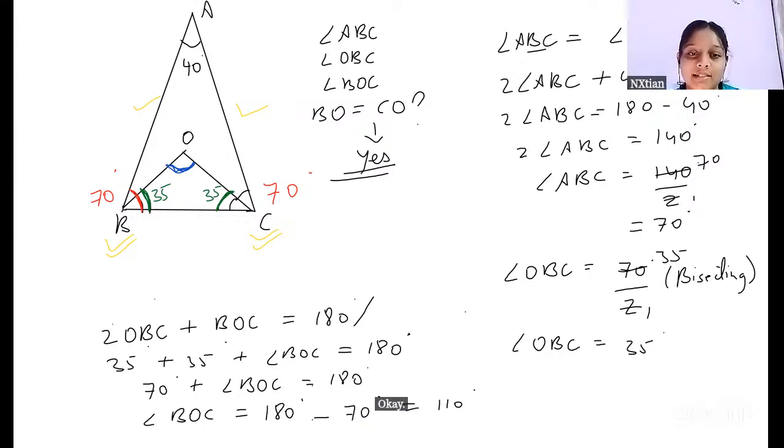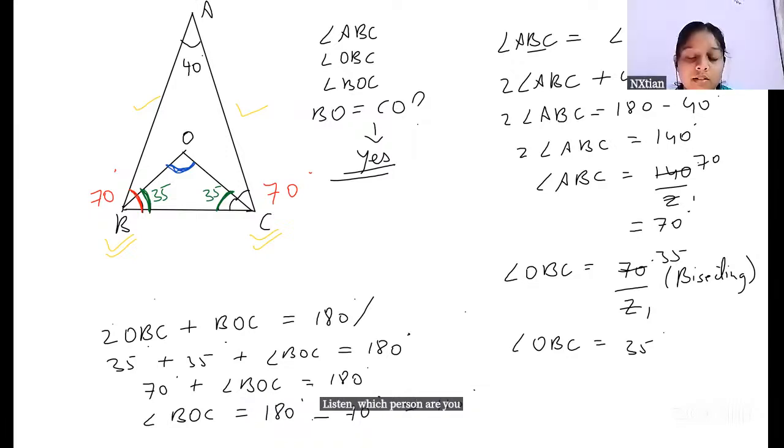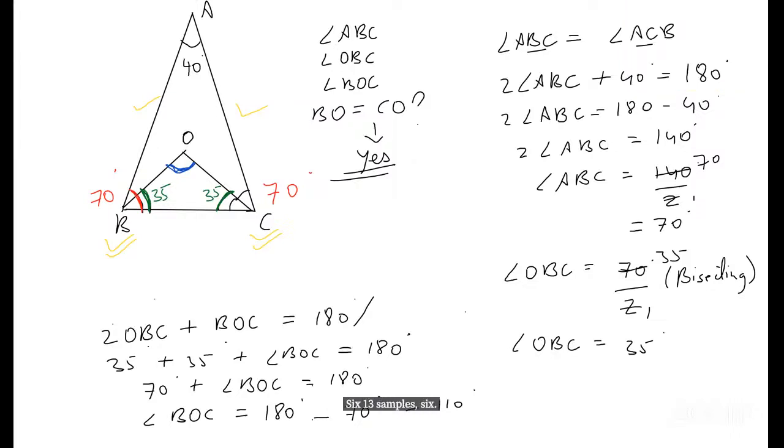Anything else? Yeah, the last one. What was the last one, ma'am? In question number six, I got the answer in decimal points. Which question, Abraham? Chapter 13, sixth question: the angles in the quadrilateral are 76 and 68, and the other two angles are in the ratio 5:7.